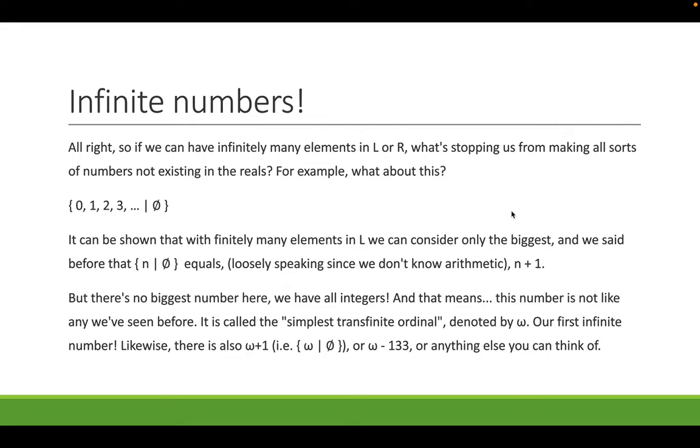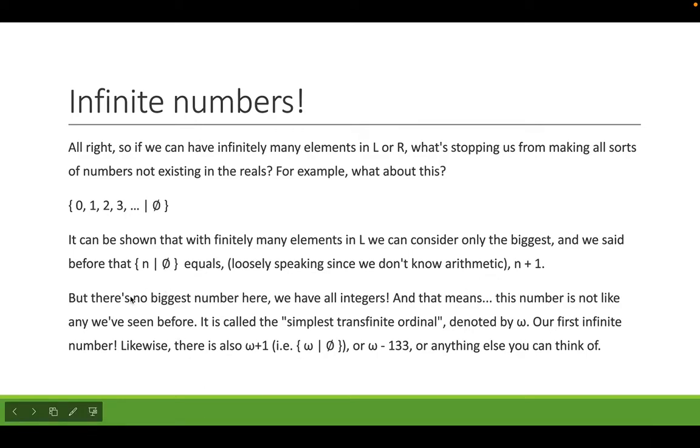We won't prove it here, but it can be shown. And we said before that n bar the empty set equals, well, this one's going to be kind of cheating because we don't know arithmetic, but it's going to be equal to n plus 1, working the same as in the reals.